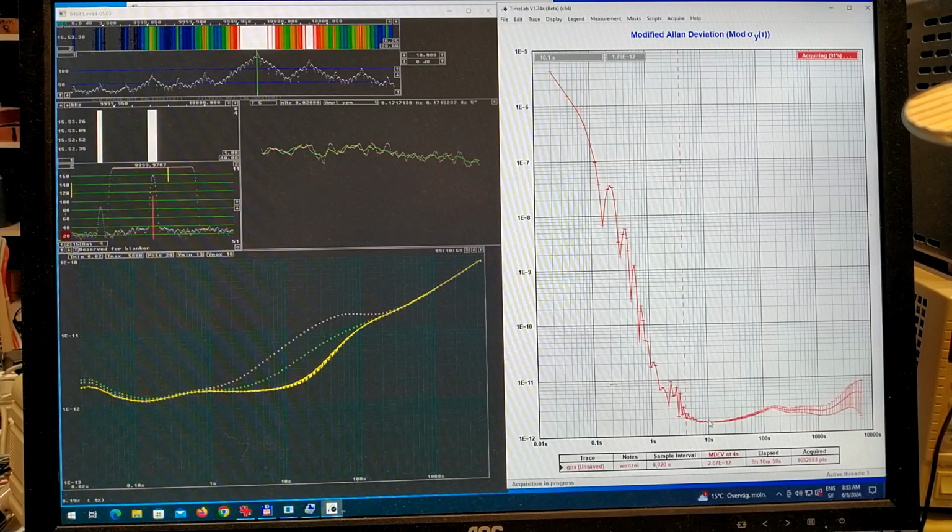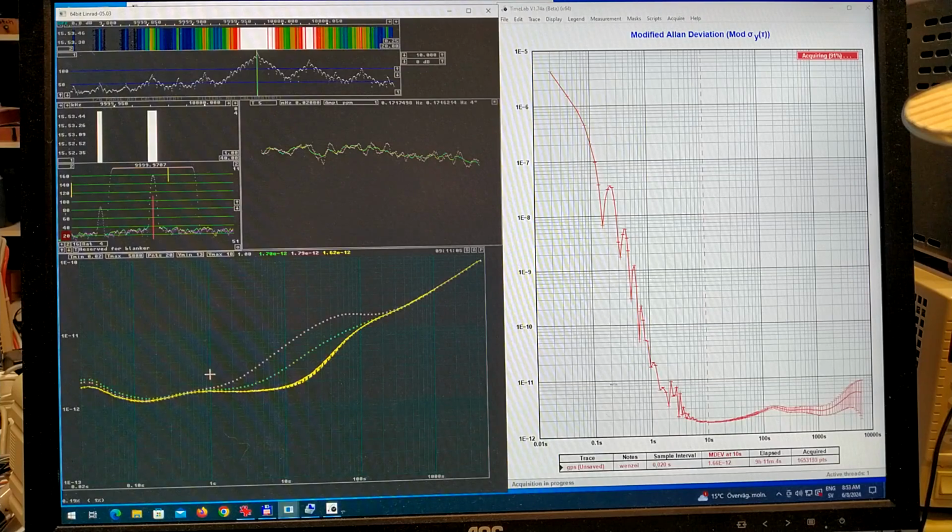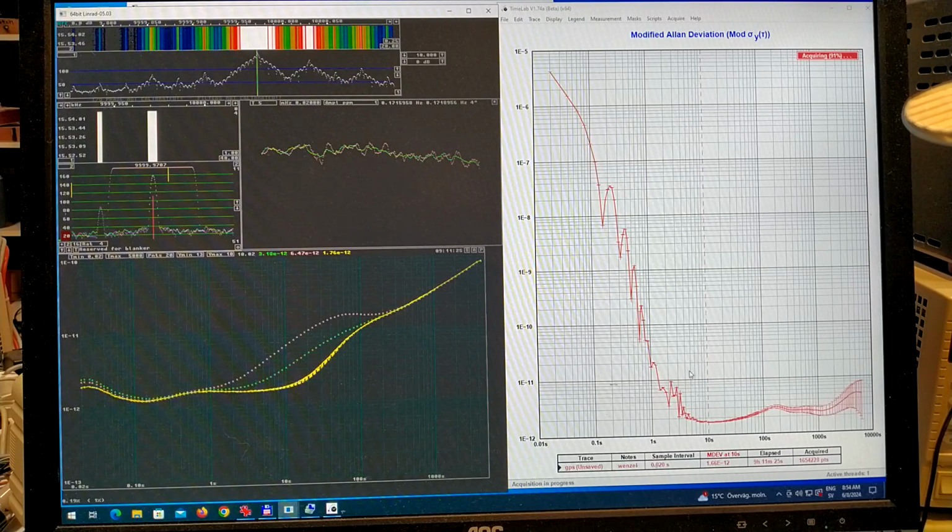At 10 seconds it is now 1.66, and in Linrad 1.62 times 10 to minus 12 in both cases. I should have clicked at 10 seconds, it is 1.75, which is in agreement.